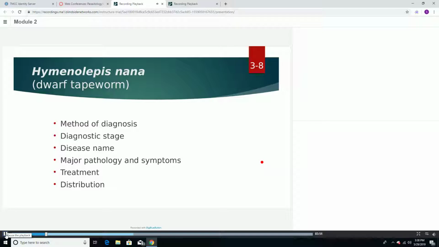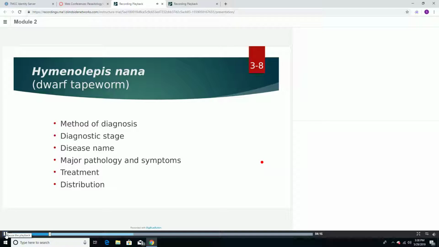Major pathology and symptoms. So light infection is asymptomatic, so we're not going to see symptoms. A heavy infection could include intestinal enteritis, abdominal pain, diarrhea, headaches, dizziness, and anorexia. It's usually common to have multiple adult worms present whenever we have a current infection.